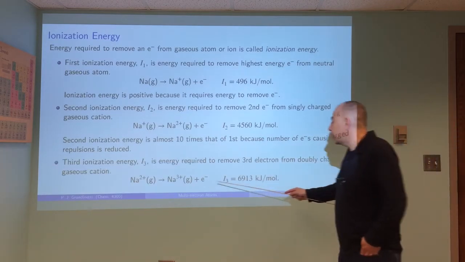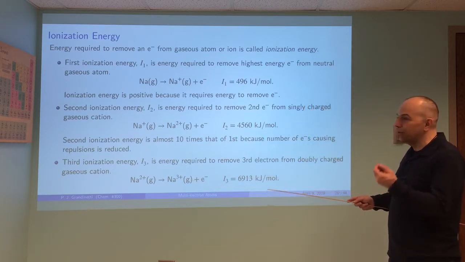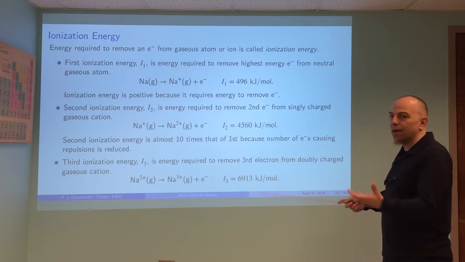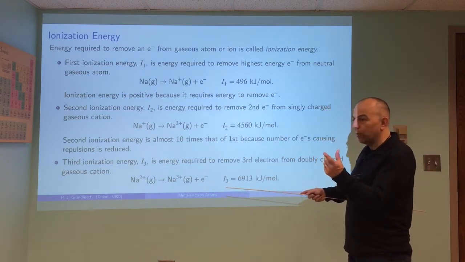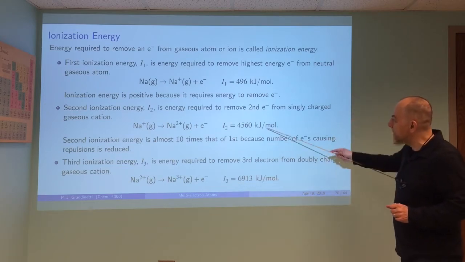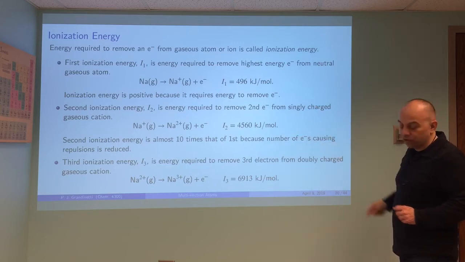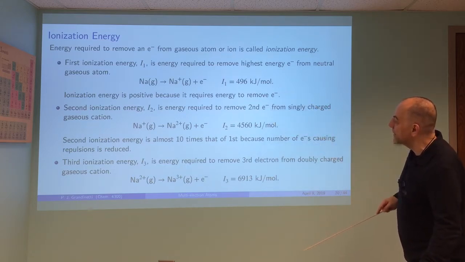And then when you get to the third one, okay, you've already busted open the shell, but your attraction to the nucleus is going to be getting stronger and stronger because you're removing electrons whose job is to shield that outermost electron. And so it's going to be getting more and more coulombic attraction to the nucleus. It's going to take more and more energy. But you can see it's not an order of magnitude now, compared to the one that broke open the neon closed shell.